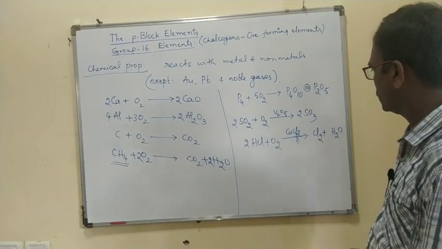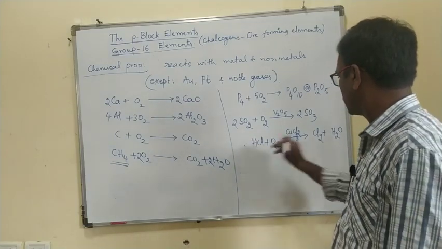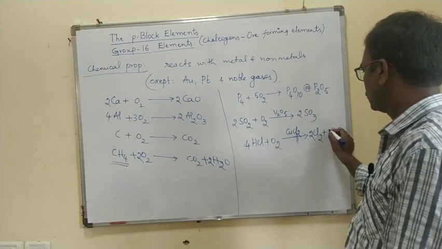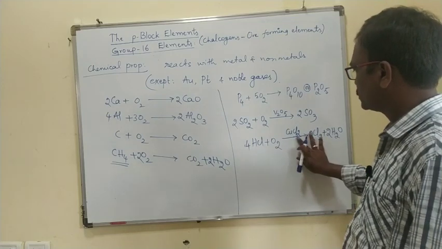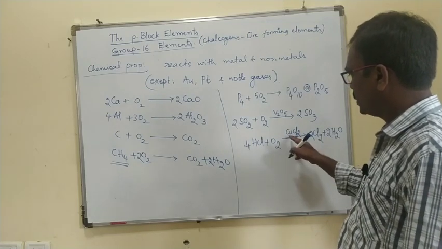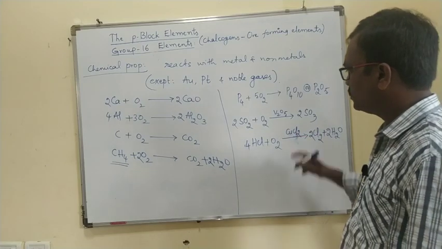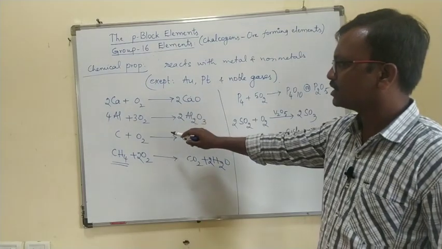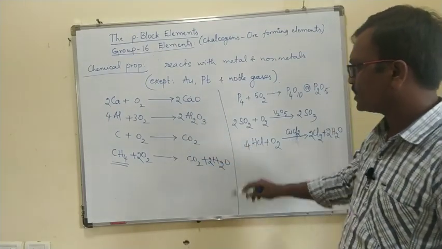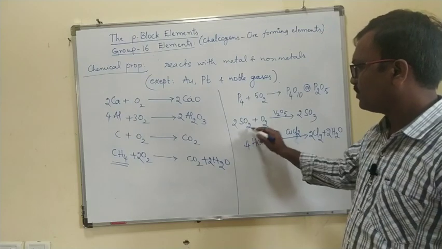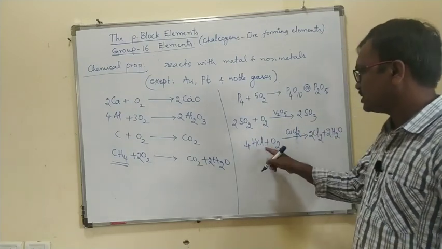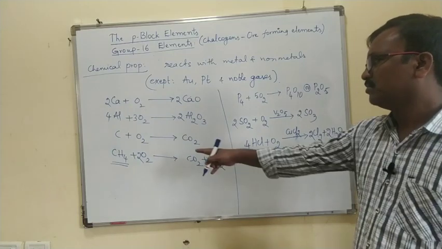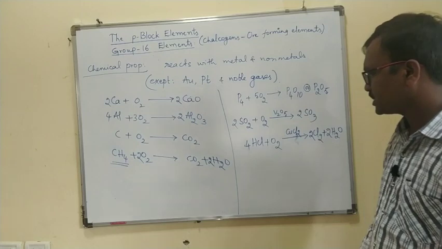It cannot balance like that, so 4HCl becomes 2Cl2 and 2H2O. CuCl is cuprous chloride, CuCl2 is cupric chloride. So we have calcium oxide, aluminium oxide, carbon dioxide, phosphorus pentoxide, sulfur dioxide, sulfur trioxide, and HCl becoming chlorine. This one is the combustion reaction.